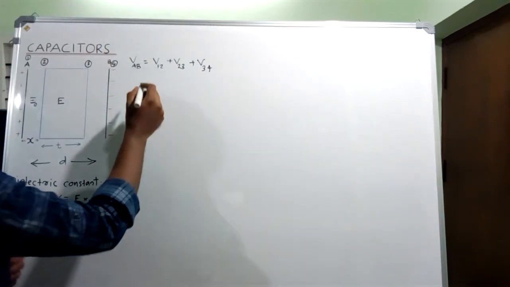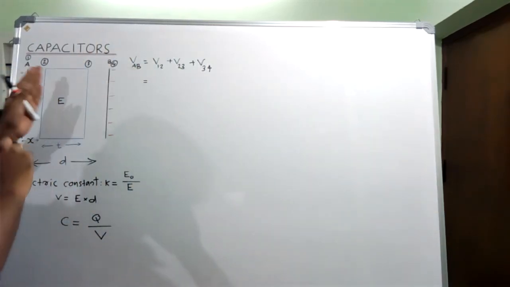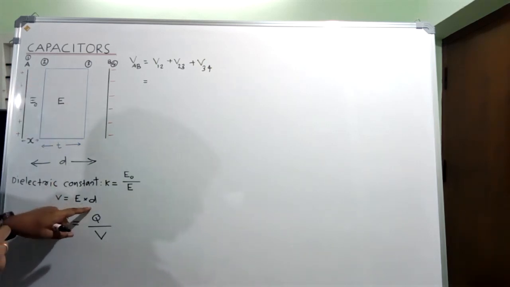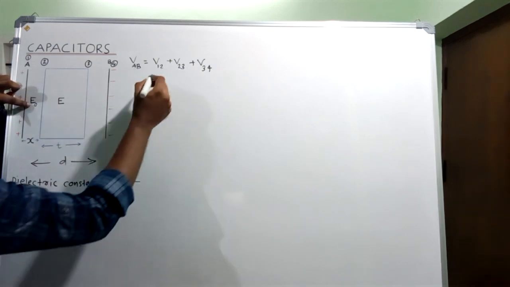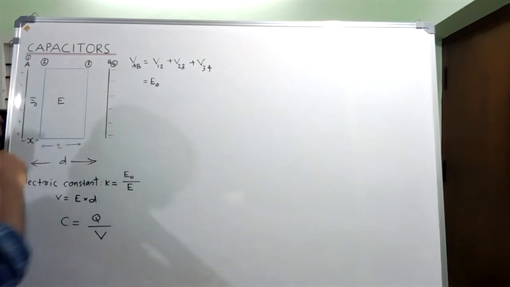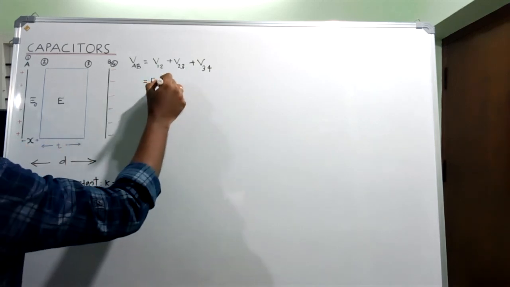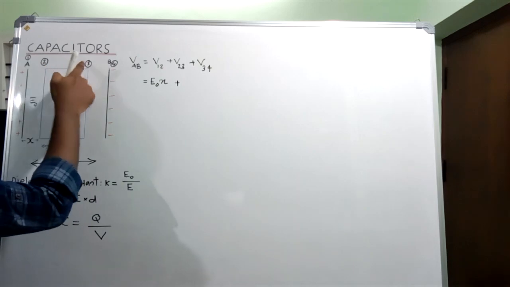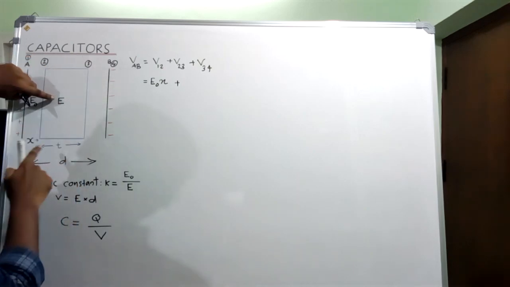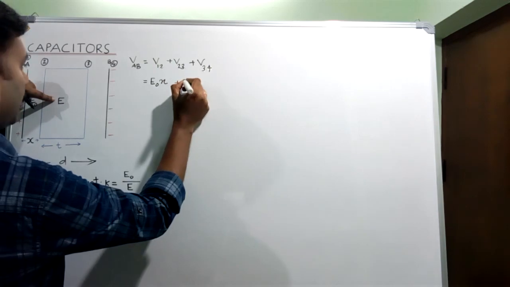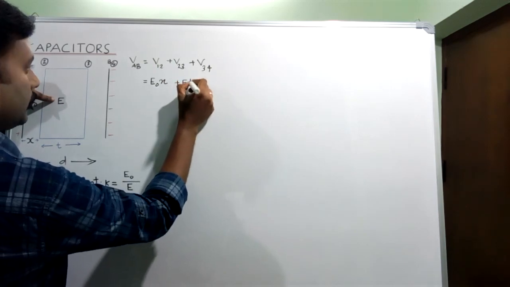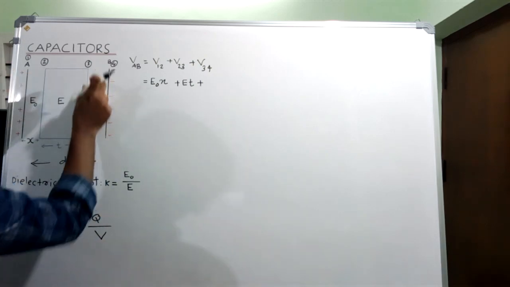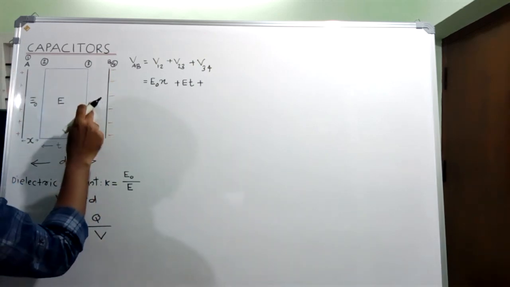The potential in the region between the surfaces 1 and 2 is electric field into distance. The electric field here is E0, and the separation is X, so E0 X. Then in the region between 2 and 3, the electric field is E and the thickness is T, so the potential is E into T. The potential between the regions 3 and 4 is electric field times distance.